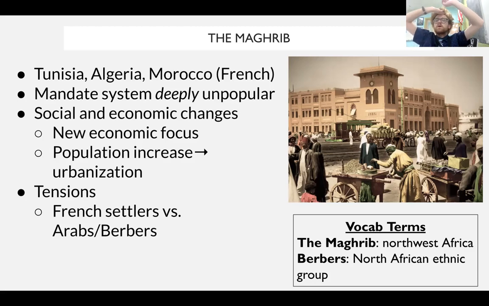We are going to see French presence in the colonial governments of Algeria, Tunisia, Morocco, and there's little presence in the higher echelons of government of Arabs or Berbers. So this is going to contribute to overall feelings of nationalism across Northwest Africa.